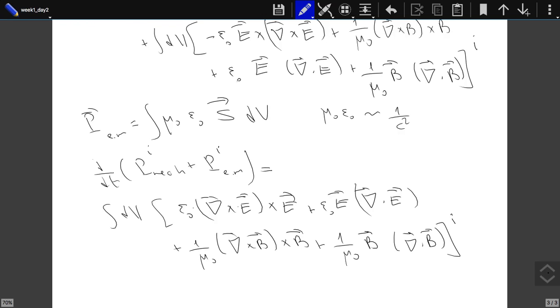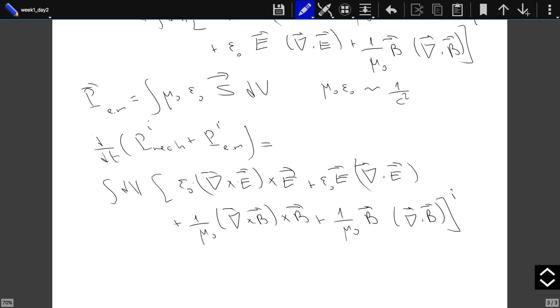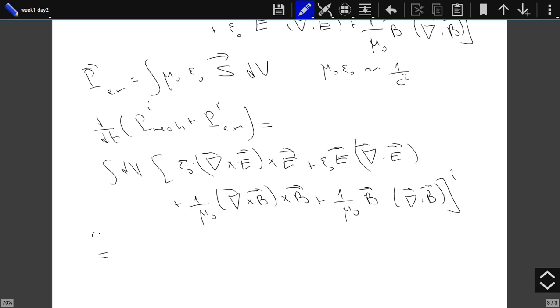There is one thing left to show, that this volume integral is actually the volume integral of the divergence of something.